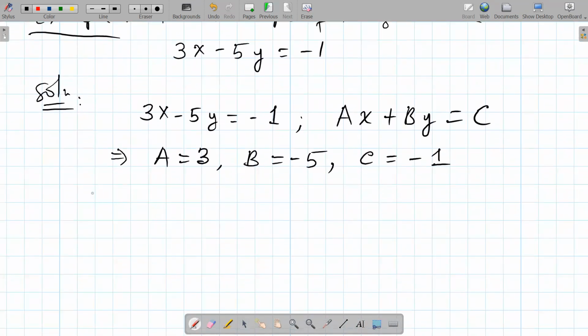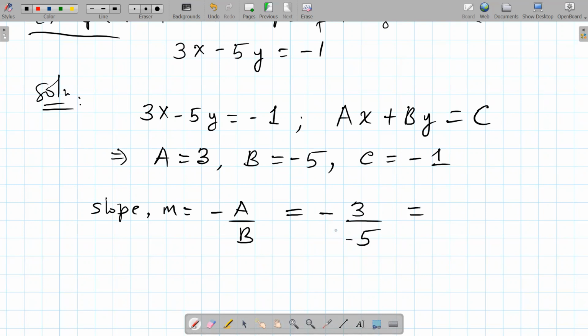And from here, I know that the slope is -a over b. Okay, so I just plug my values in there. -3, a is 3, b is -5. Again, two negatives will cross out, so that'll give me 3 over 5, and that's going to be my slope.